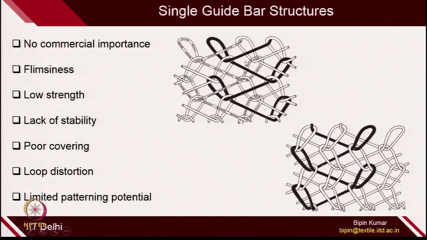The loops are also very unstable, and you will also get very poor covering. The cover aspects of these fabrics are very bad and the loop nature is highly distorted. The reason is that if you follow any of these structures, the underlaps or the sinker loop are in the same direction, because of that you get unequal tension on the loop and the loop will be tilted.